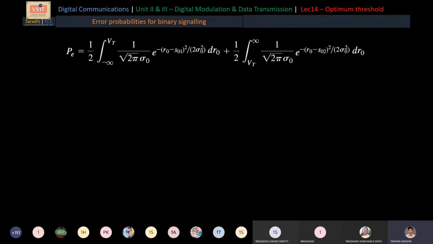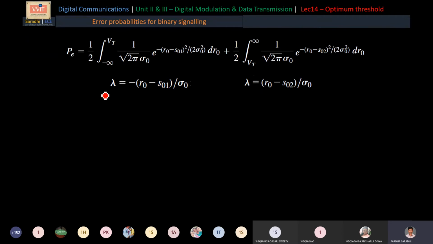For that we make certain assumptions. Let us suppose in the first integration lambda equals minus of (r0 minus S01) by sigma naught, and in the second integration our assumption is with only a positive sign, without any negative sign.